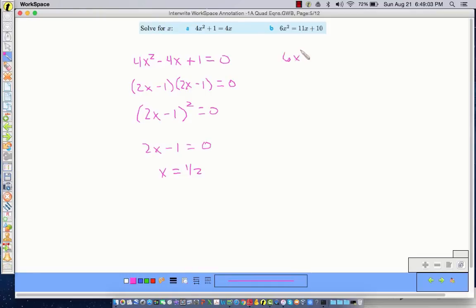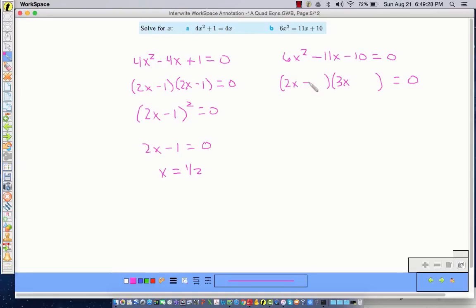For this one, I subtract 11x and I subtract 10, okay? And I can factor those pretty simply. I don't care how you factor it. You should know how to factor at this stage. This is going to be, let's see, 6x squared, so I could have a 2x and a 3x. You could split the middle term here.